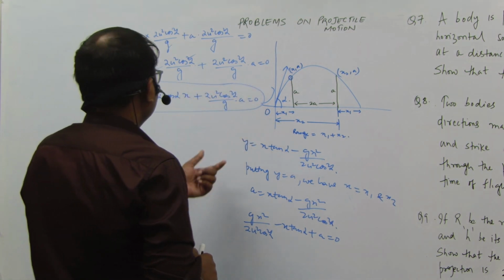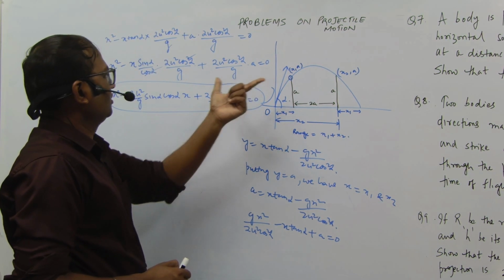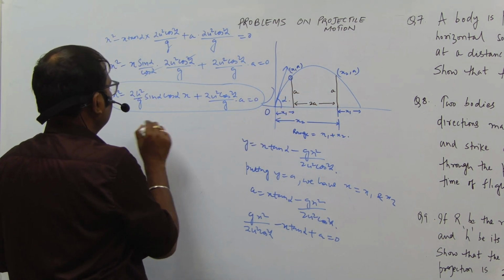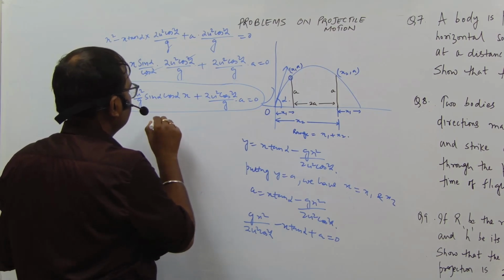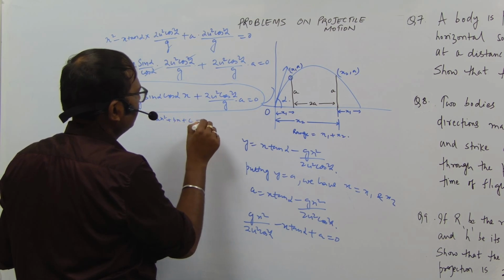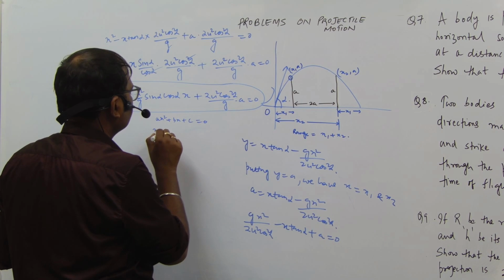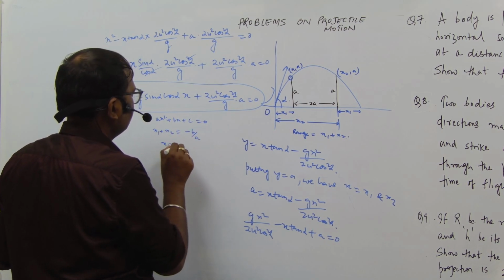Now in this quadratic equation we have roots x1 and x2. From the general properties of a quadratic equation, let us consider ax square plus bx plus c is equal to 0. If the roots are x1 and x2, the sum of roots x1 plus x2 is equal to minus b by a, and x1 x2 is equal to c by a.